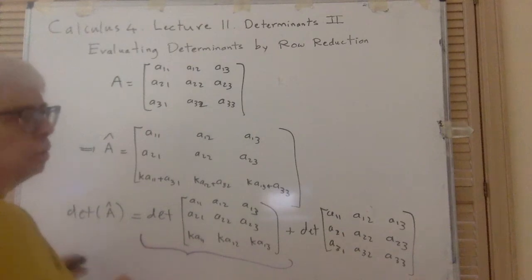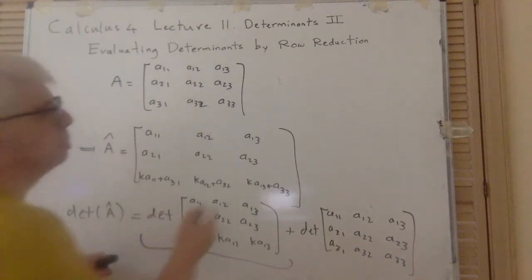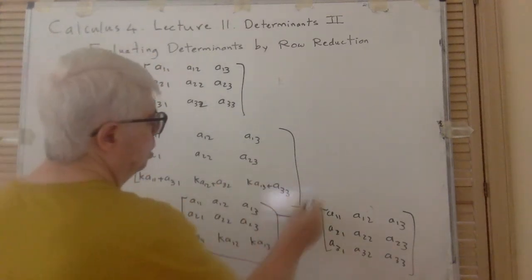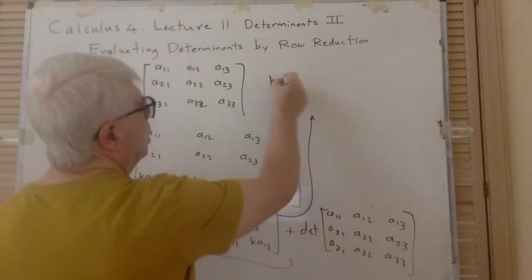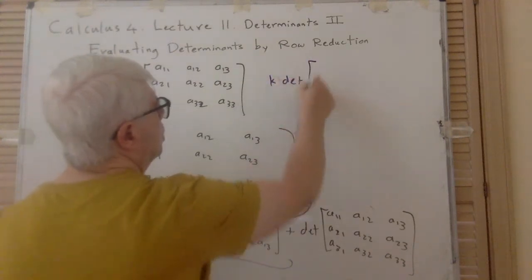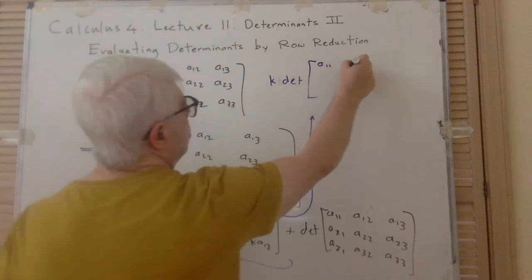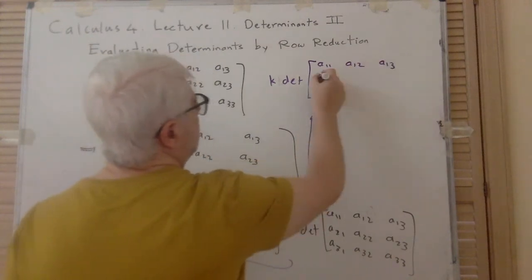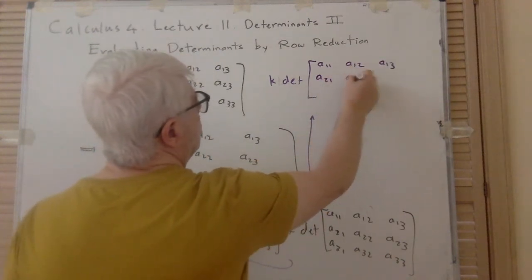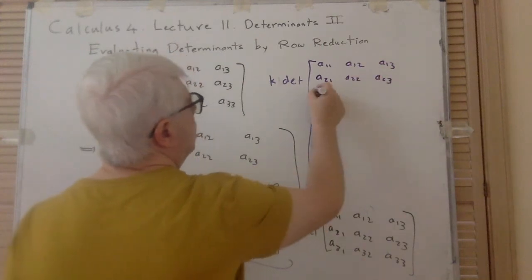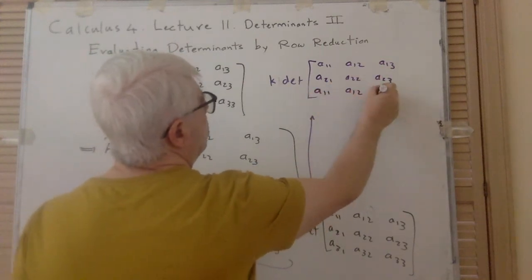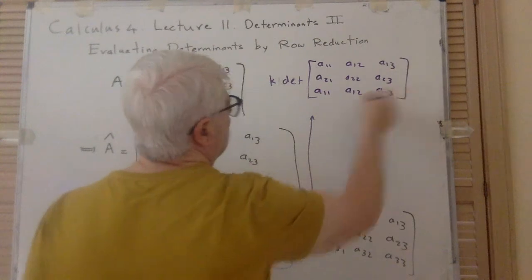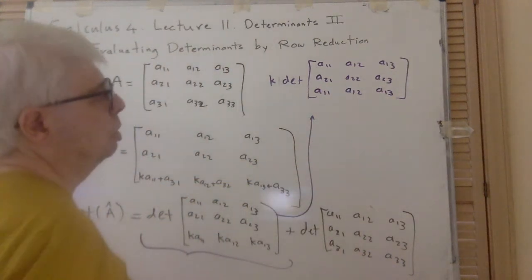If I multiply one row by k, that is k times the determinant. So this will be k times the determinant of the matrix with rows A11, A12, A13, A21, A22, A23, A11, A12, A13.